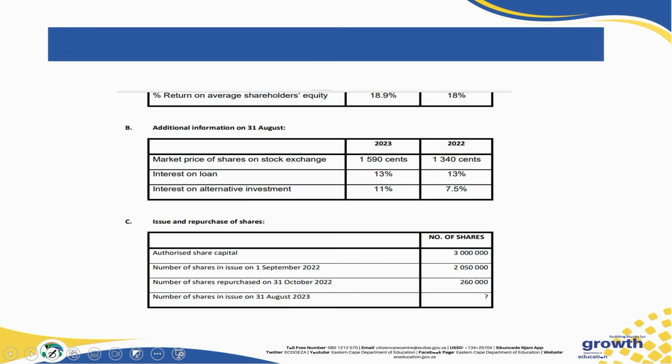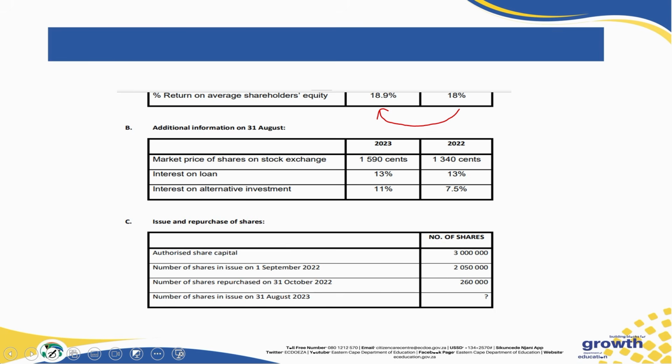Okay, then on the next page, we have the return on the shareholder's equity. We can see that that has gone from 18% to 18.9%. Then information B, we are told about the market price of the shares.